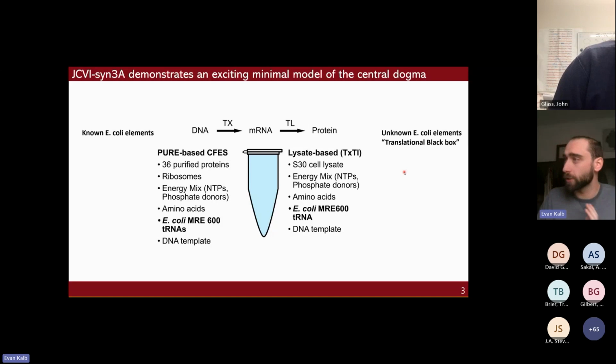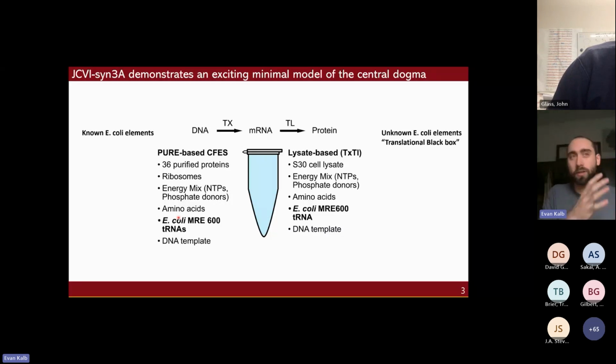So traditionally in cell-free translation systems, we use PURE, which is as minimal as you can get: 36 purified proteins, ribosomes, energy mix required to drive those reactions, NTPs as substrates for transcription and translation, and amino acids, of course, to build proteins. And these are all built upon E. coli elements.